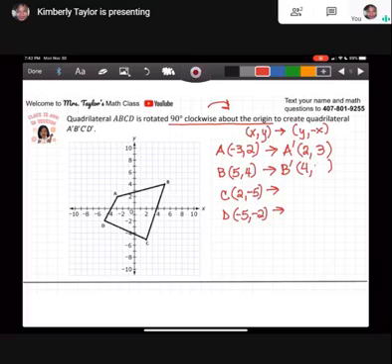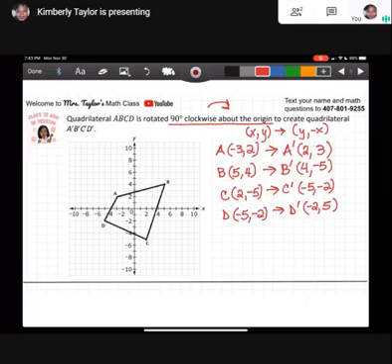I'm going to change it to -5. The next one is C prime. The Y value is -5, and the X value is 2, so I'll make it -2. And then lastly is D prime. The Y value is -2, and the X value is -5, but I'm going to change it to +5.